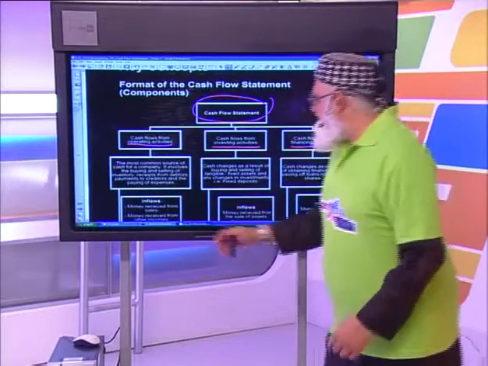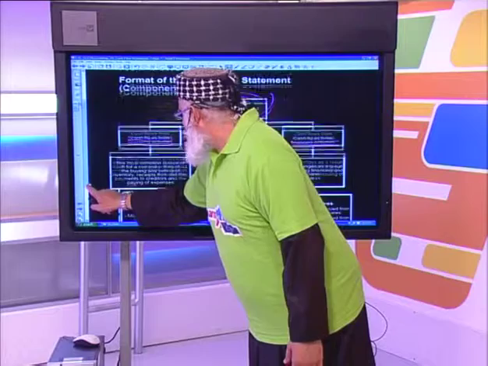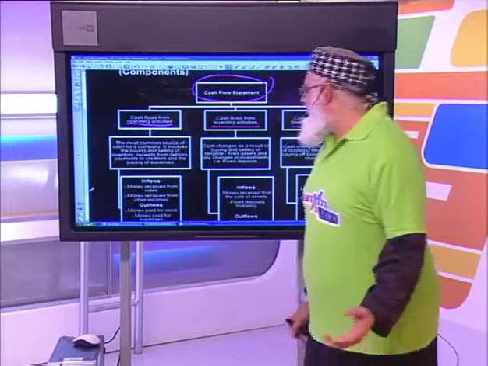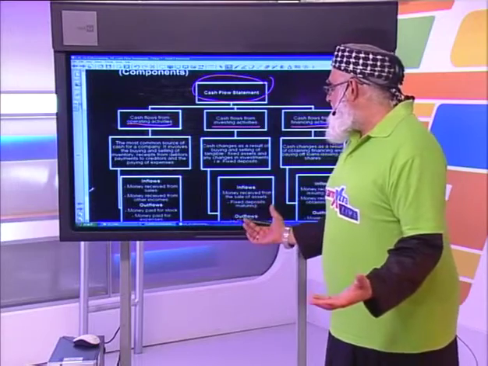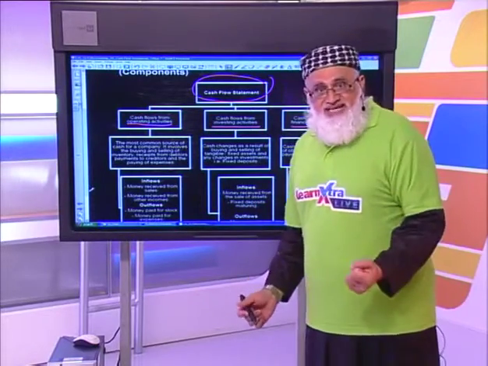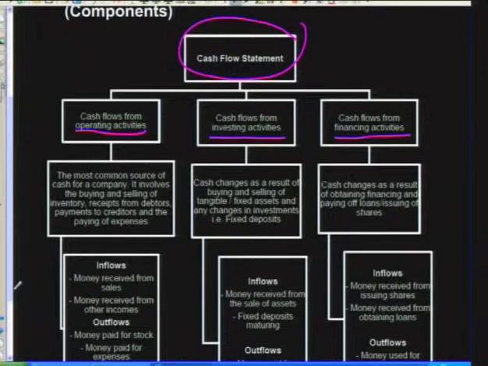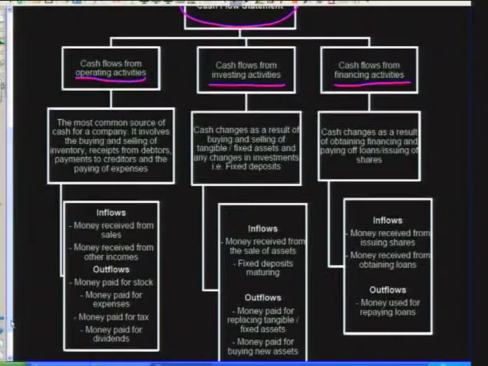Now, obviously, what's the most common source of cash for any company? It deals with the buying and selling of inventory, receipts from our debtors, payments to our creditors, and the paying of expenses and the receiving of income. So that would fall under, now look at the inflows. Let's look at that so it makes more sense to you.